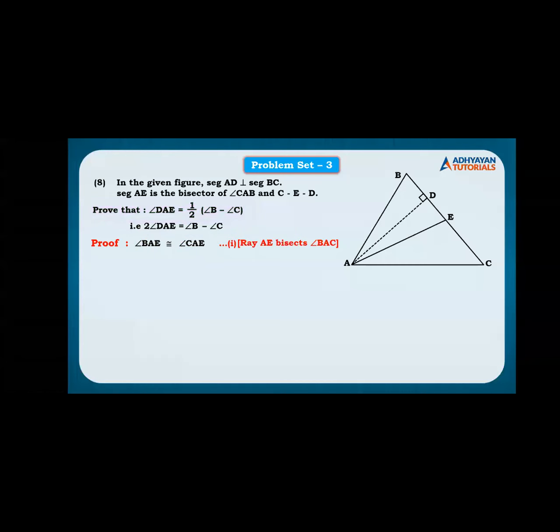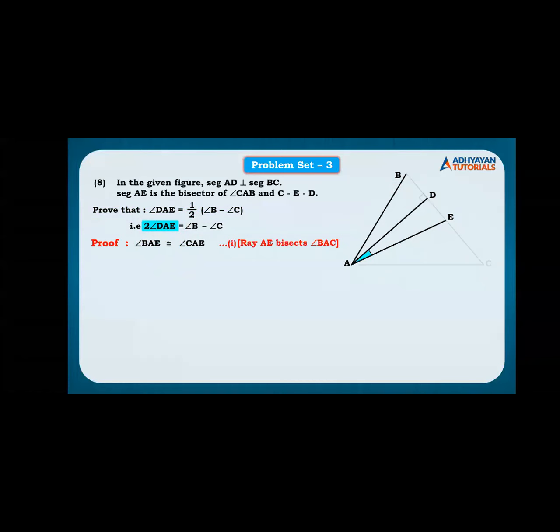Now we move ahead. What I was trying to do ahead, children, is this angle DAE, right? DAE belongs to two bigger angles. I'll show both the bigger angles at once, but I think that will cause confusion. The first bigger angle is BAE and the second bigger angle is DAC.